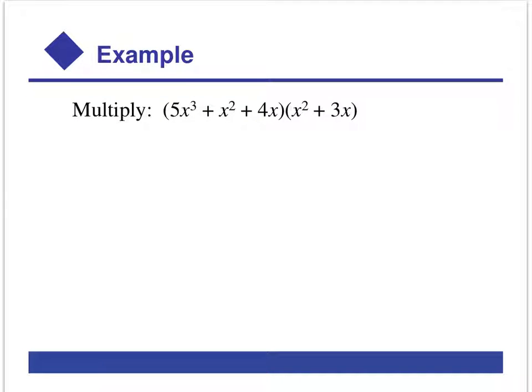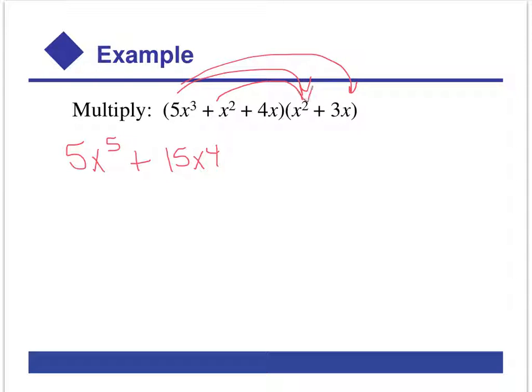On this one, I'm going to start with this one, and it's going to multiply each one of these first. So 5x cubed times x squared is going to give me 5x to the 5th. And then 5x cubed times 3x is going to give me 15x to the 4th. And then I'm going to take this term and I'm going to multiply it here and here.